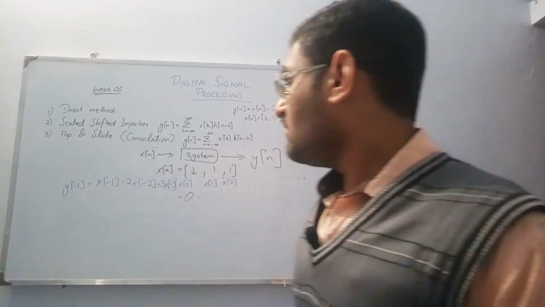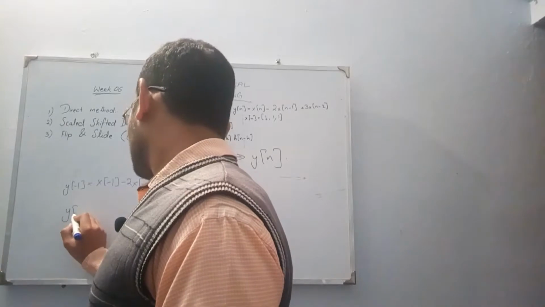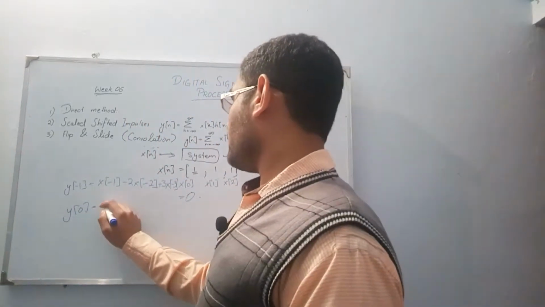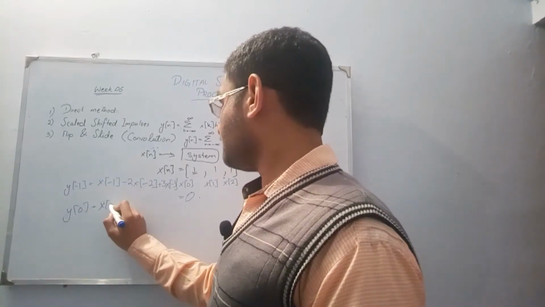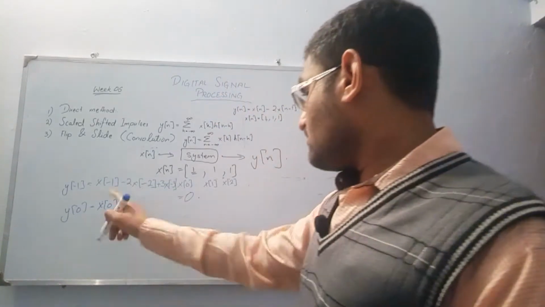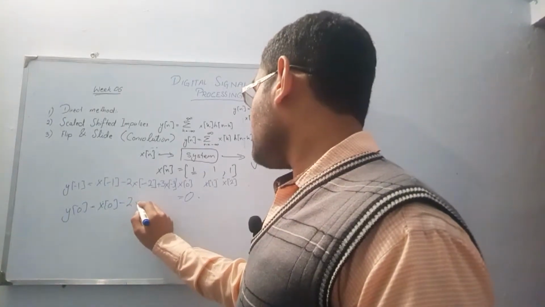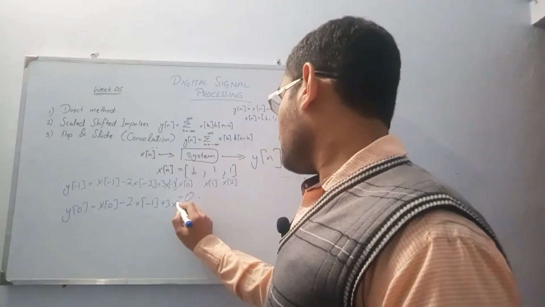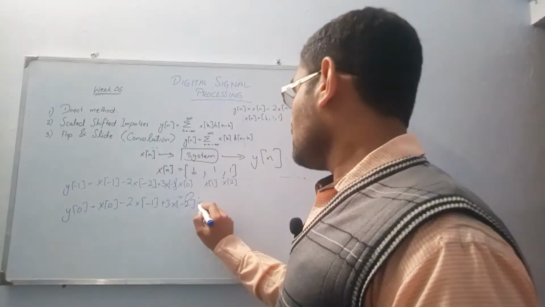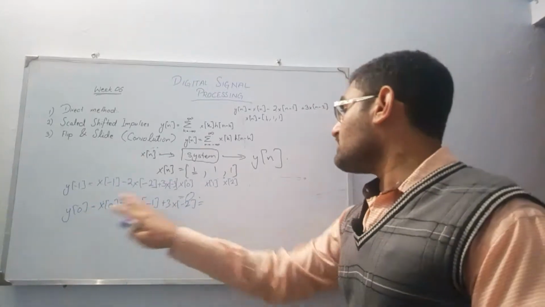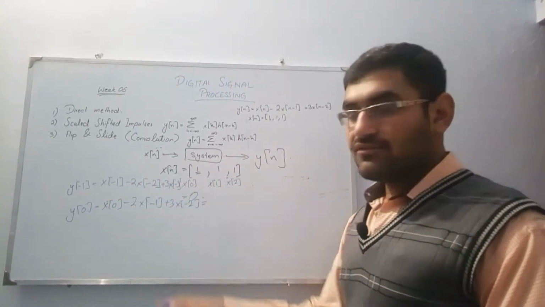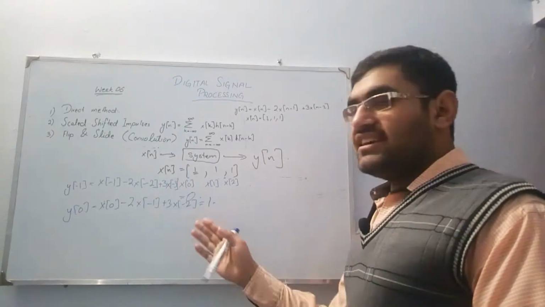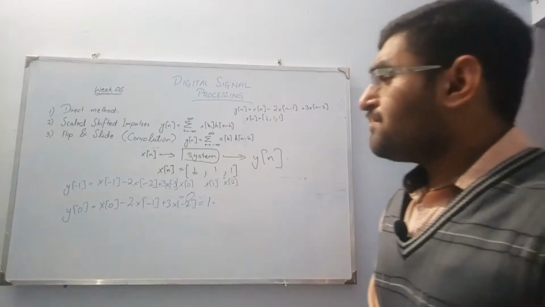When I put n equal to 0, it will give x of 0 minus 2x of minus 1 plus 3x of minus 2. So I have the value of x of 0, which is 1. So it is equal to 1 because all other indexes are negative, which are 0.